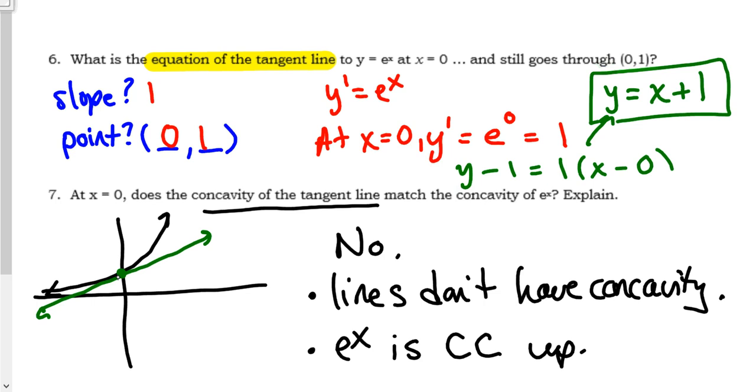They have the same slope. So they share a point and they share a slope. That's what a tangent line does, okay? Now what I'm asking is for you to take that green line and bend it. Bend it to be a function so that the point is shared, the slope is shared, but they also have the same concavity at 0. Okay, this is a time to pause and think and try.